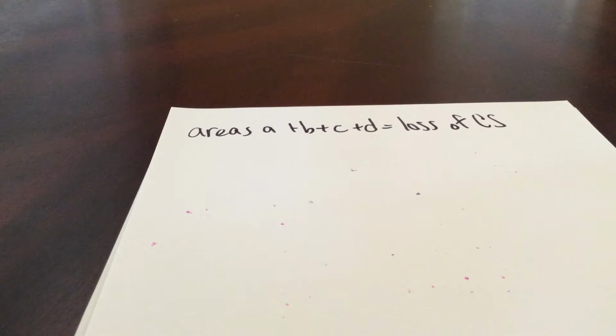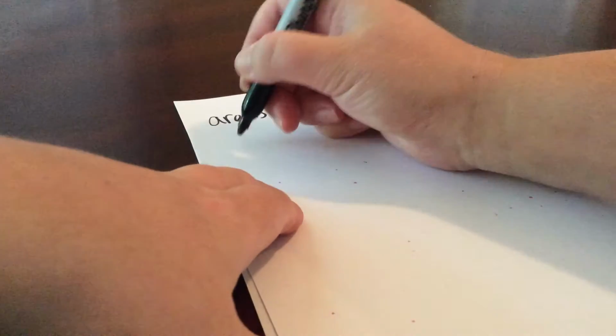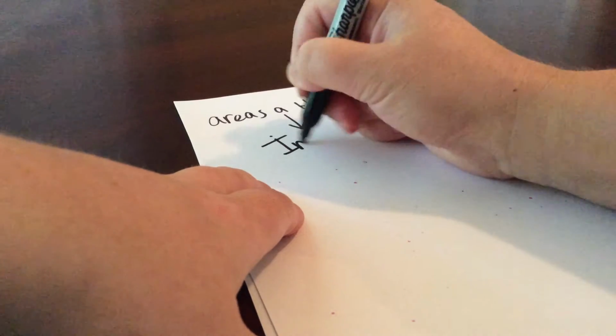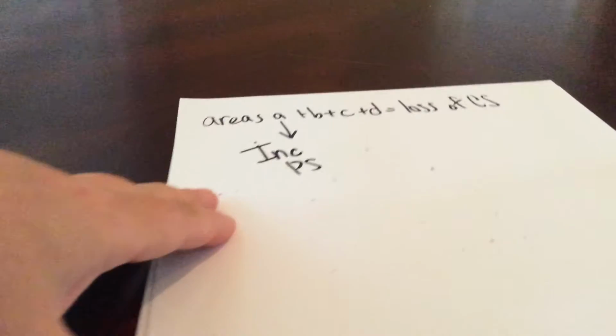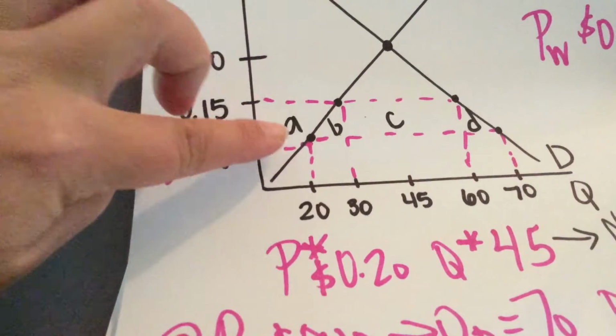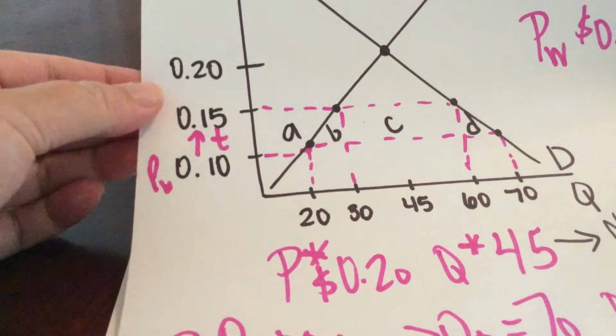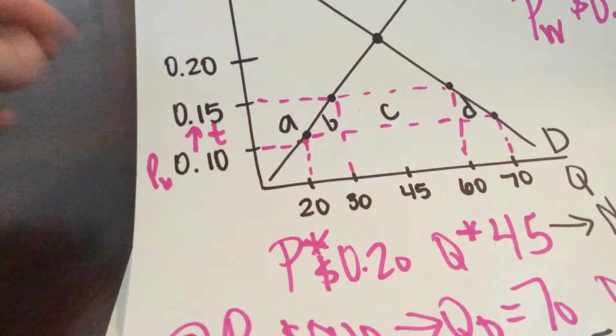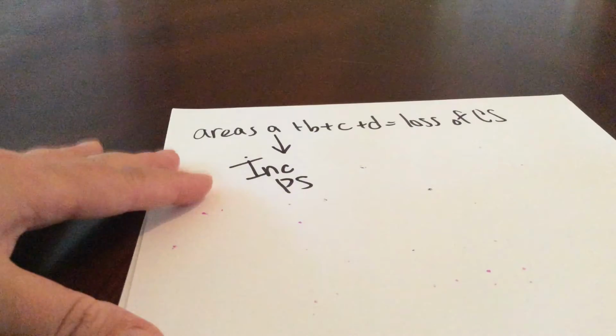Well, where does this go? Area A is an increase in producer surplus. Going back to our graph, this area here is added to producer surplus. This is why firms are petitioning for those tariffs or taxes on imports, because it makes them better off.